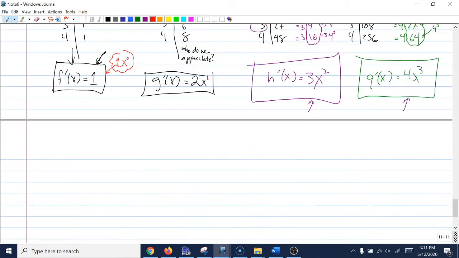I write these out, and then I usually ask the class, can someone figure out what the derivative of x to the 10 would be? And the derivative of x to the 10 turns out to be 10x to the 9. Usually people get that right. And there we go. This is the power rule.